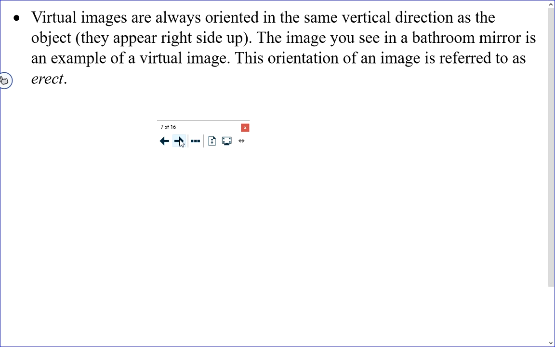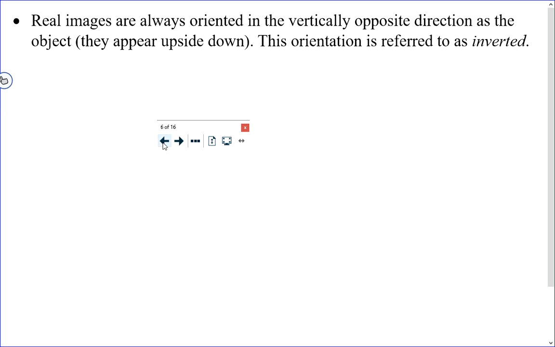The word we use to describe that orientation is the image is referred to as erect. So virtual images are always erect, and erect images are always virtual. What that means is the image is oriented one way and the object is oriented the same way. Whereas inverted images, which deal with real images, are upside down.